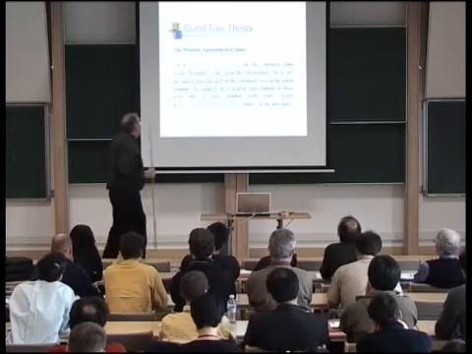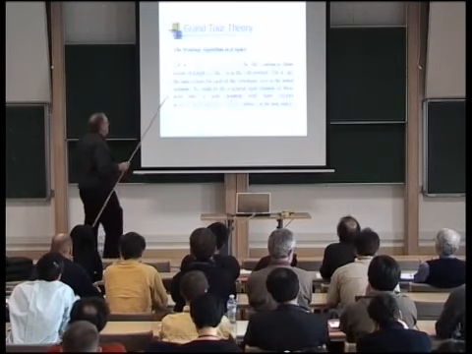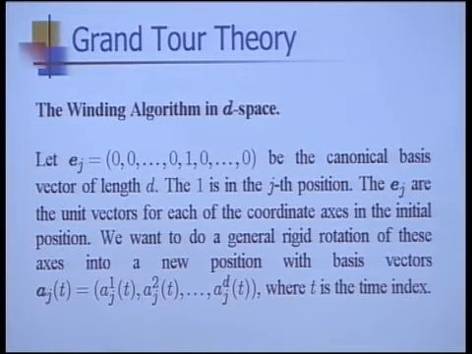So let me describe how that works. We want to look at the canonical basis vector Ej, where the 1 is in the jth position. So the Ej's are the unit vectors of the coordinate axes in the initial position. Basically, when we do this grand tour, we want to do a rigid rotation of these axes into a new position with new basis vectors Aj, depending on t.